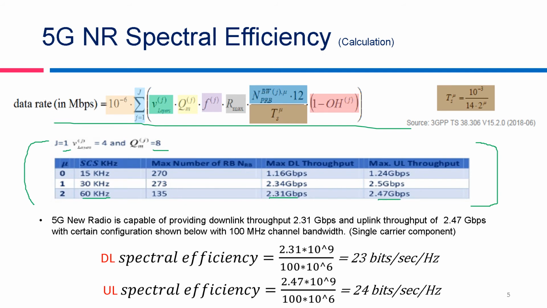So here I have taken the channel bandwidth as 100 megahertz. So keeping these data rate values and channel bandwidth in the spectral efficiency formula, for downlink we can get about 23 bits per second per hertz, and for uplink we can get 24 bits per second per hertz.